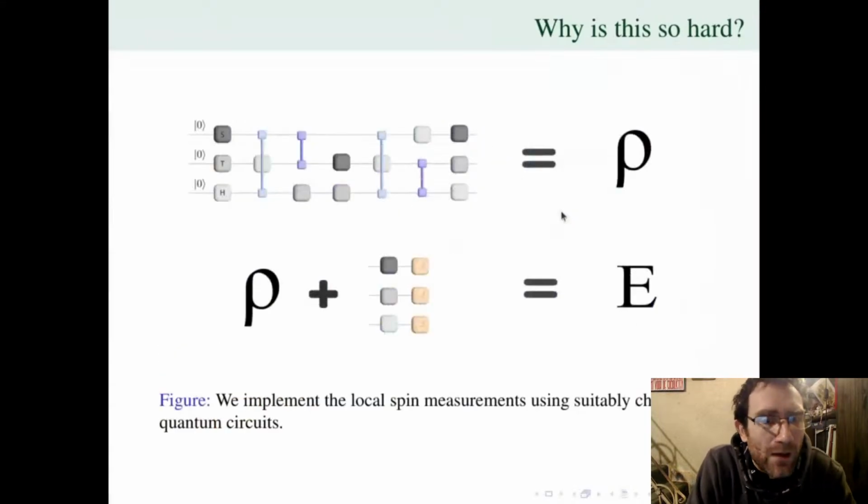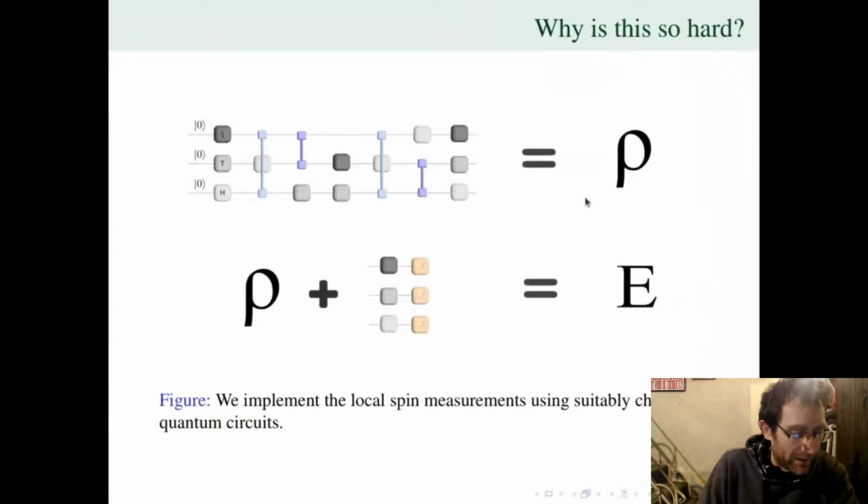What we do first is state preparation. We use some quantum gates which are applied to the set of qubits selected, and make a state preparation, and we call the state rho. Then we need to simulate local measurements.